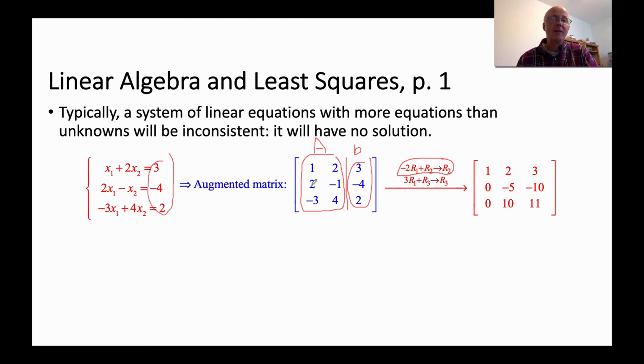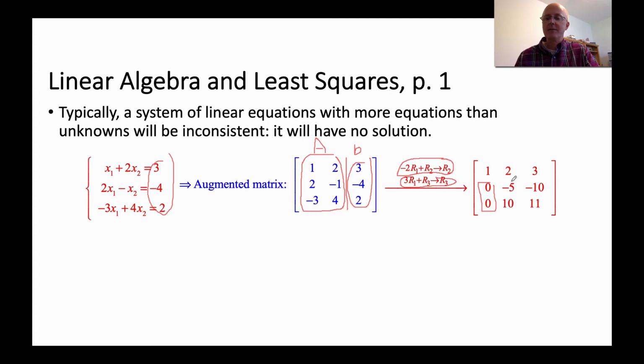That is a valid kind of operation to do to get an equivalent system, so to speak, to the original system. Another example of a row operation I can do to get a 0 down here is to multiply row 1 by 3 and add it to row 3 and put the answer in row 3. That's what this notation means. The new matrix has zeros in those 2 spots, and the first row stays the same because I'm not making any changes to that.